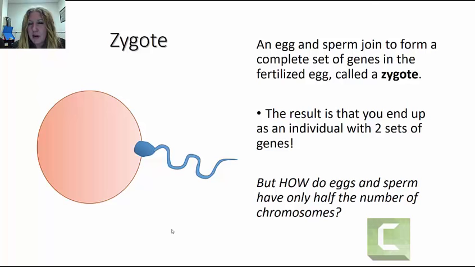But in order for that to happen, something a little bit weird has to happen, because you have to have only half the number of chromosomes in the egg cell and the sperm cell as in any other cell to have this union make one whole entity that is correct.